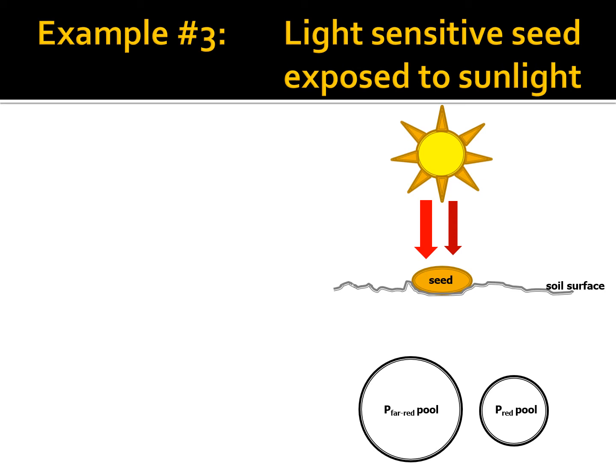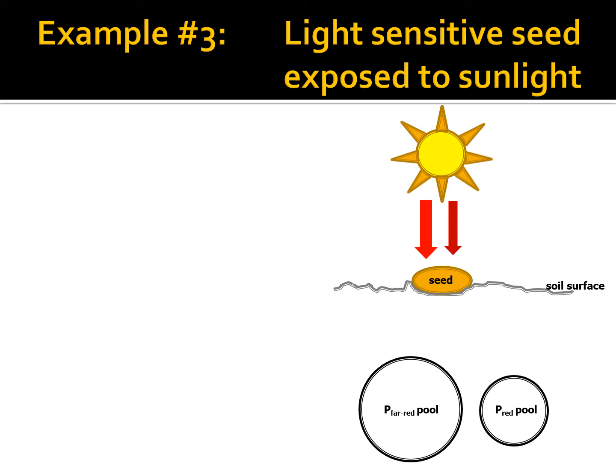So the seed is absorbing red light and that red light is converting the phytochrome pool to the far red form, so there's going to be a higher concentration of phytochrome far red over phytochrome red in the tissue of the seed.